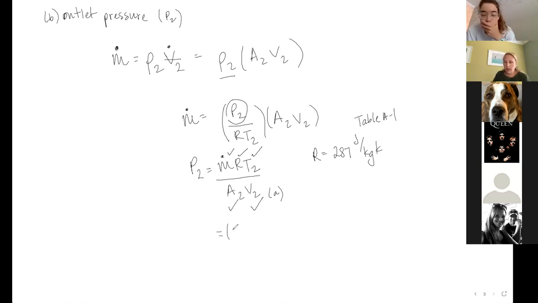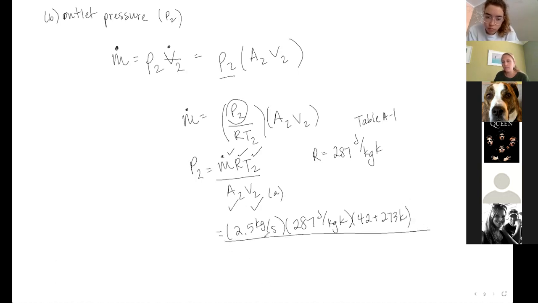So we can plug in 2.5 kilojoules per second times 287 joules per kilogram Kelvin times our temperature in Kelvin, which is 42 plus 273, which is 315 Kelvin, divided by 400 centimeters squared.